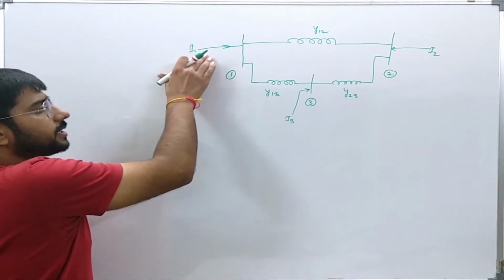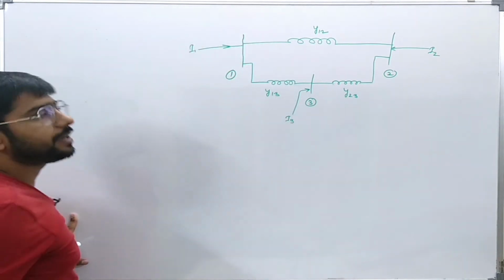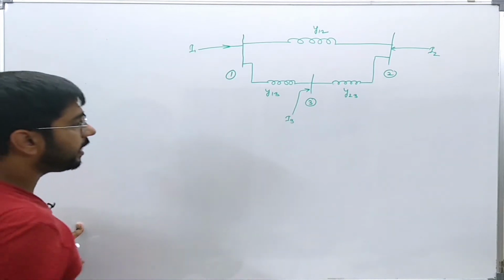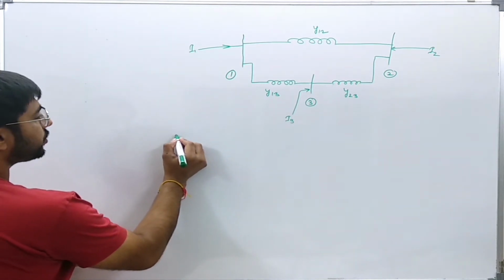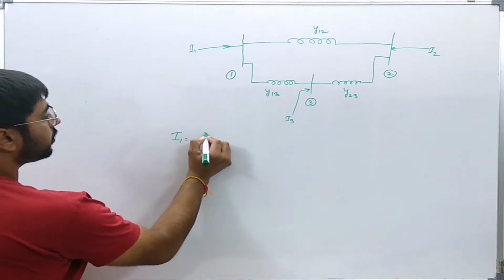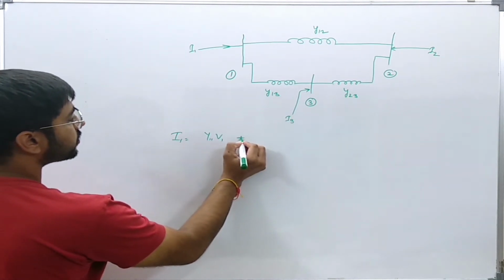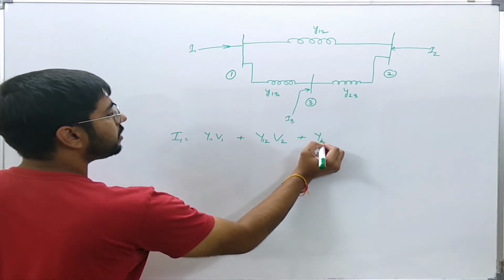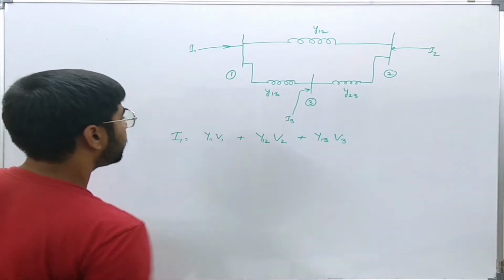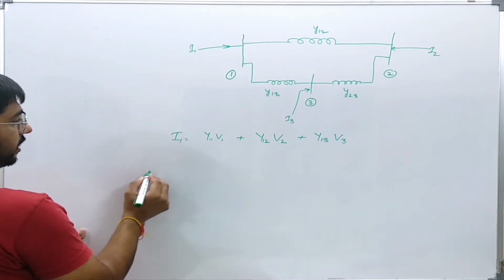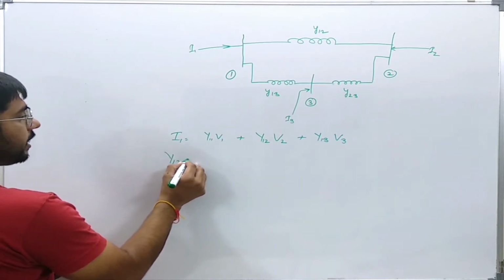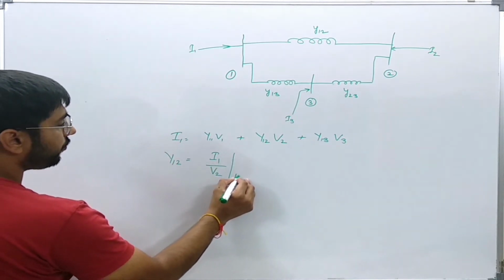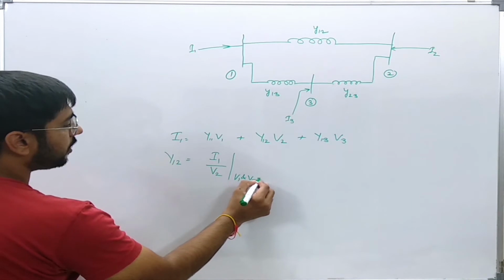Now these are the source currents which are entering at the various buses or nodes. I also wrote an equation where it was shown that I1 is equal to Y11 V1 plus Y12 V2 plus Y13 V3. Now it is seen that Y12 can be written as the ratio of I1 over V2 when V1 and V3 both are equal to 0.